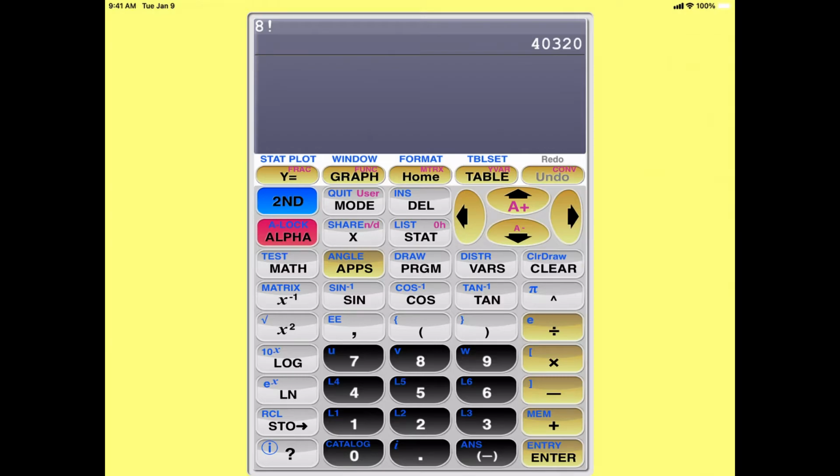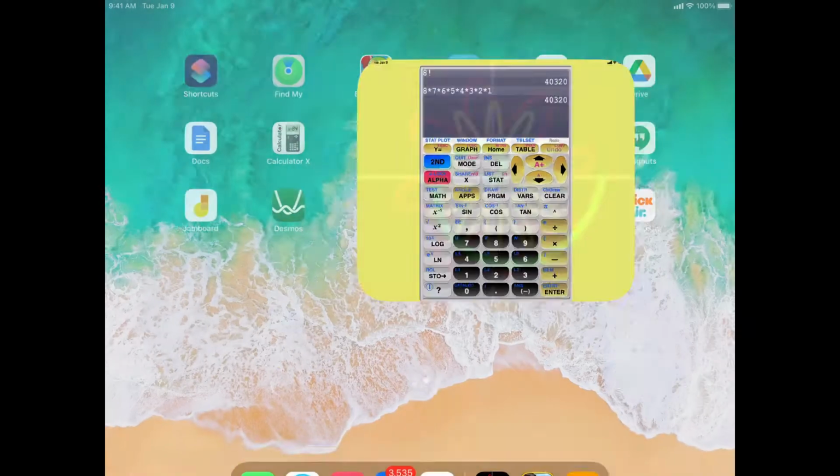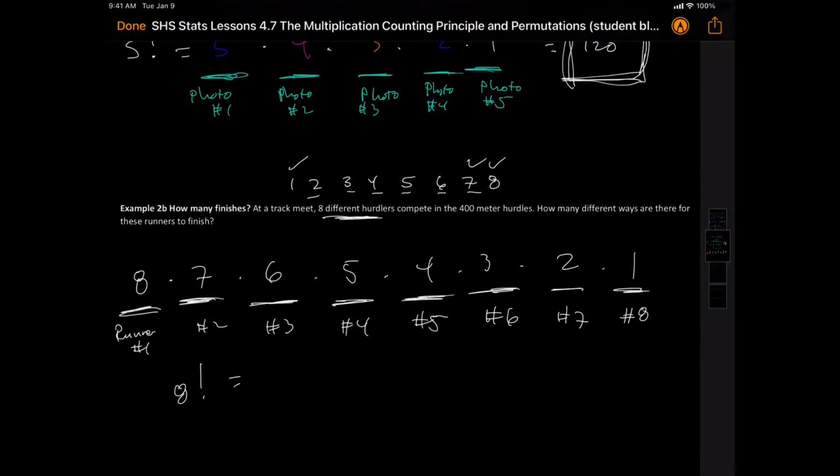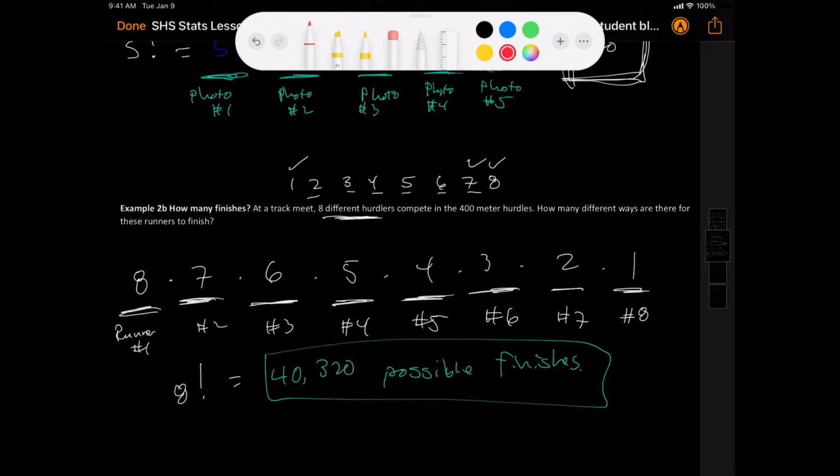And then you'll have 40,320. And let me prove to you that's the same thing as typing it all out. All right. So there are 40,320 possible finishes. Let's box that because that's our answer.